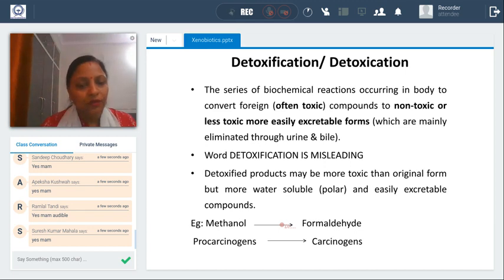Examples are methanol converted into formaldehyde, and procarcinogens converted into carcinogens, which are more toxic than the original. Is it so?